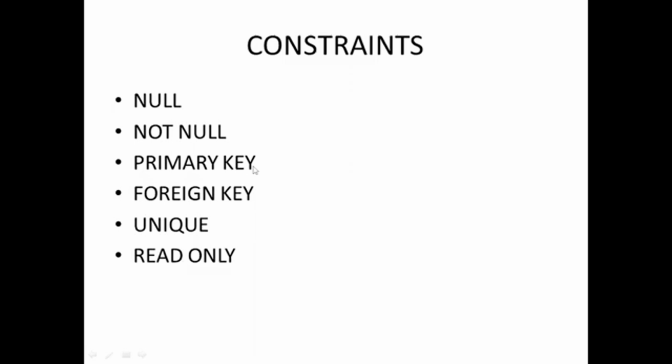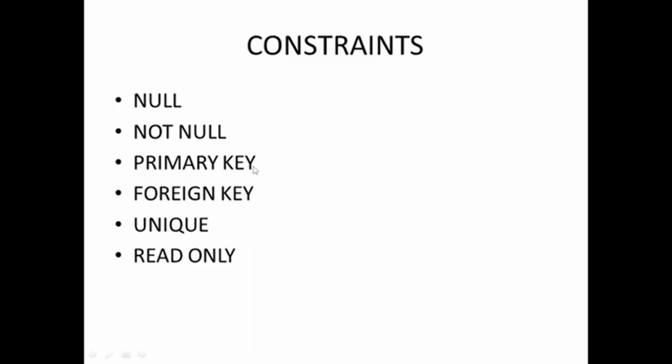That's the primary key on this side, and on the other side, the countries table has another column for region ID. So that's a foreign key. A foreign key is a primary key from a table which has a primary key. For now it may look confusing, but you will understand it more when we start doing it practically.